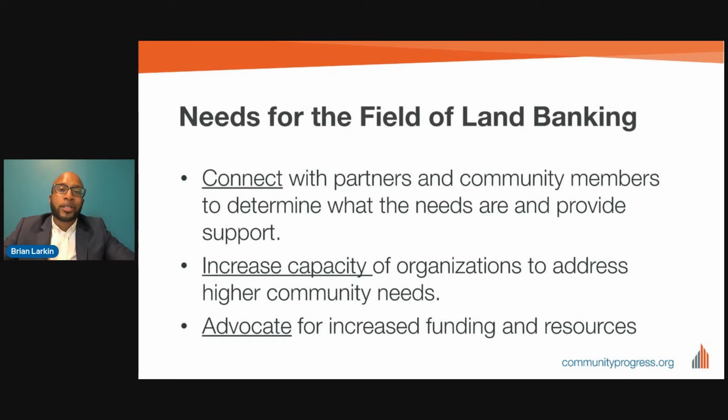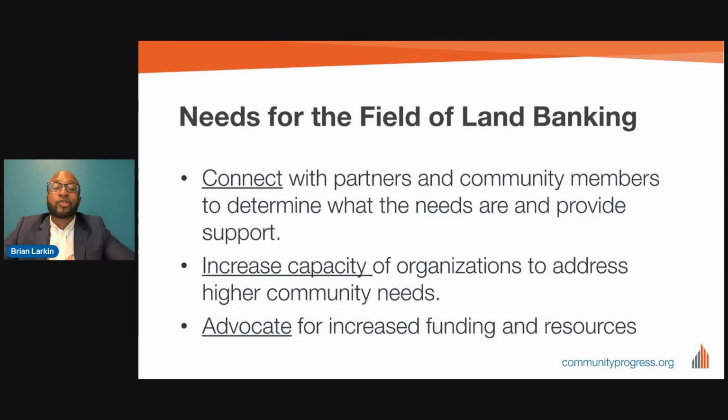We are trying to support them in raising the national profile of these conversations, identifying what sort of existing resources are available, what new resources are coming online, helping policymakers and partners understand why land banking is an important use of that, how land banking can help accomplish some of these goals, and encouraging individuals to identify resources for land banks.